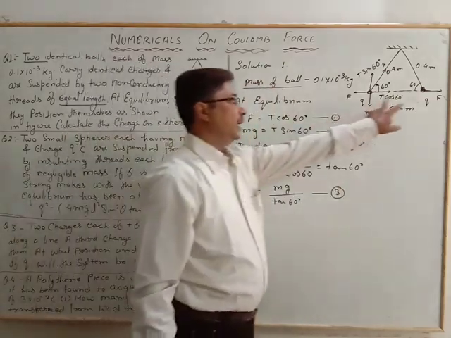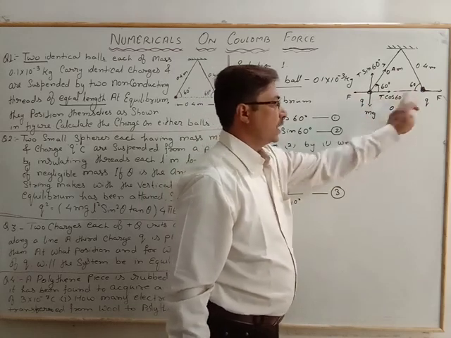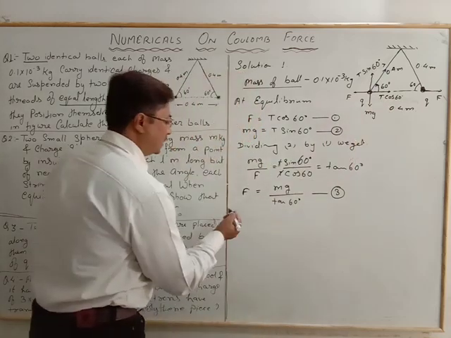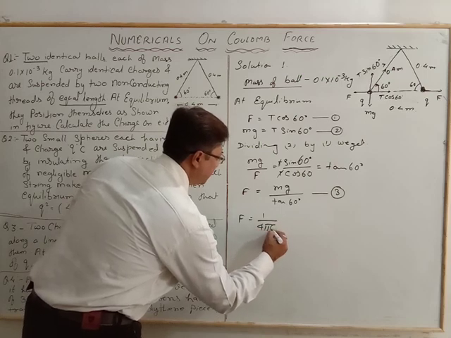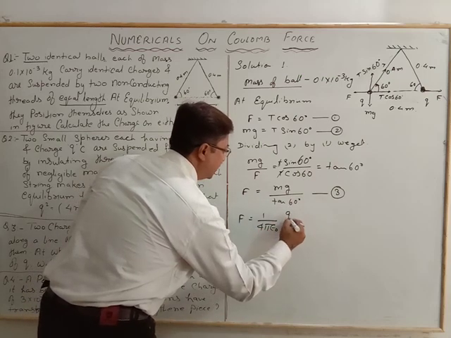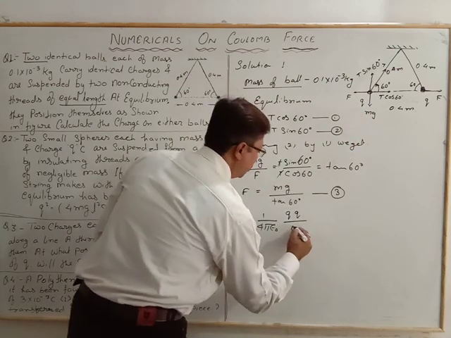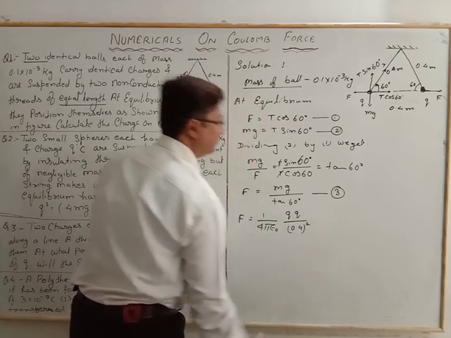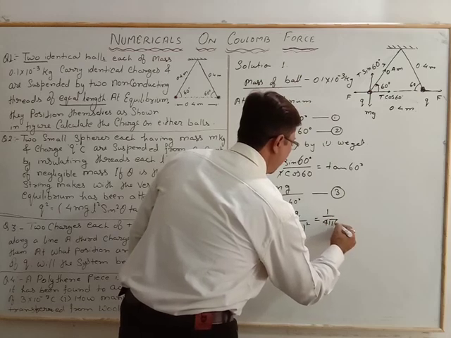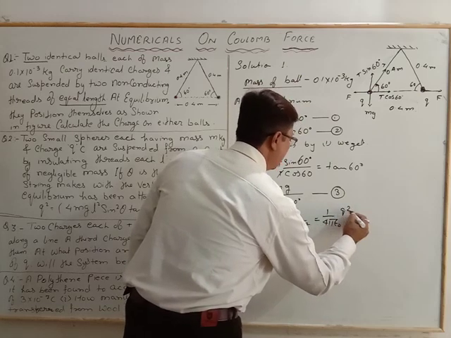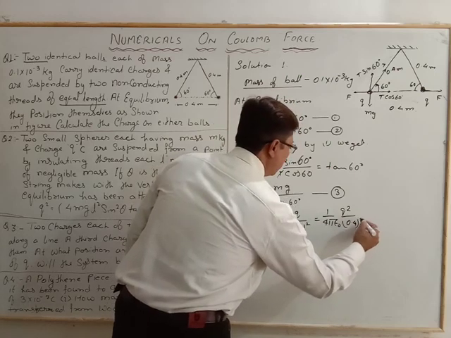Now there are two identical charges, and both have electrostatic force. The electrostatic force is given as F = 1/(4πε₀) × Q × Q, so that becomes Q², divided by the distance between them, 0.4 meter, whole squared. So it is written as F = 1/(4πε₀) × Q²/(0.4)².